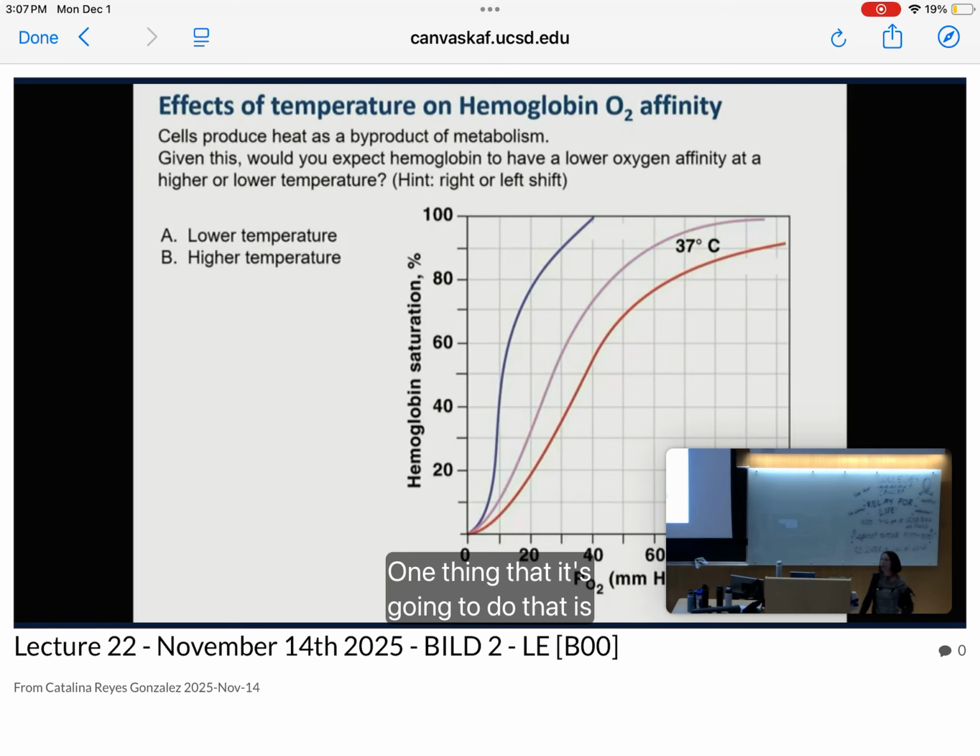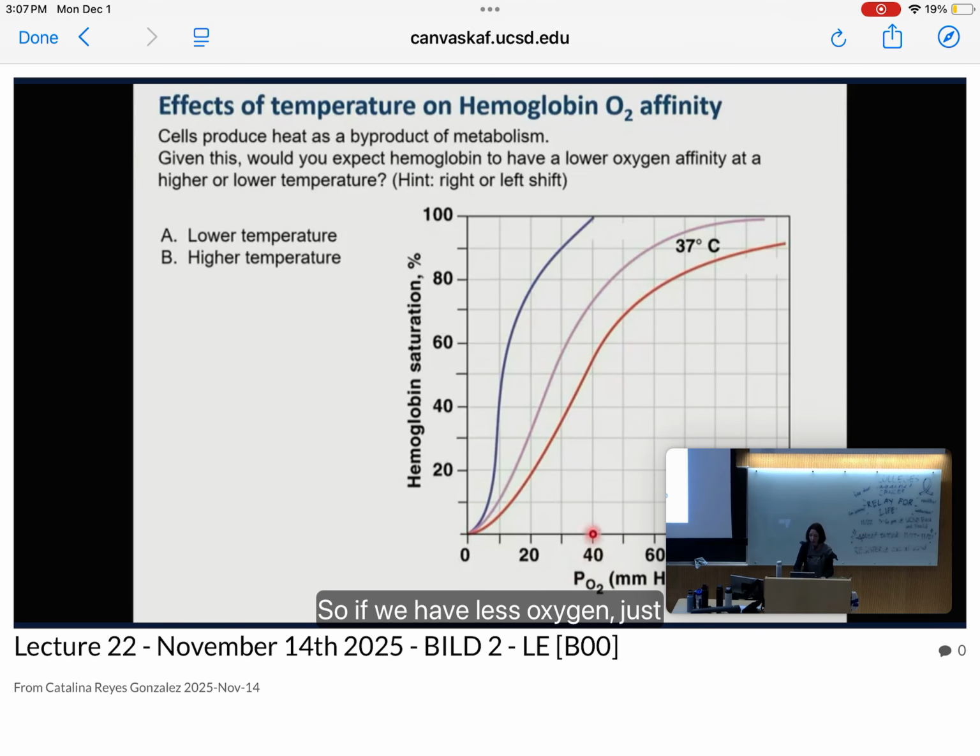Okay? One thing that is going to do that is that we're going to have at the level of the tissues less oxygen because the cells are continuously extracting that oxygen. Okay? So the partial pressure of oxygen in that venous blood now in the tissue capillaries, right? As the cells are extracting that oxygen, the oxygen is going to decrease.